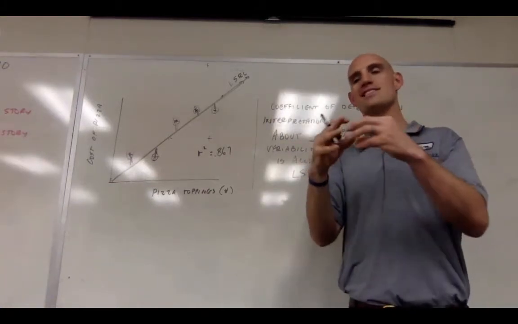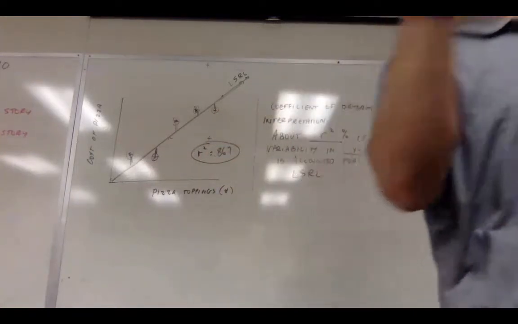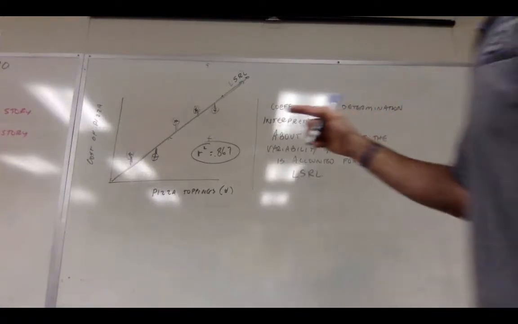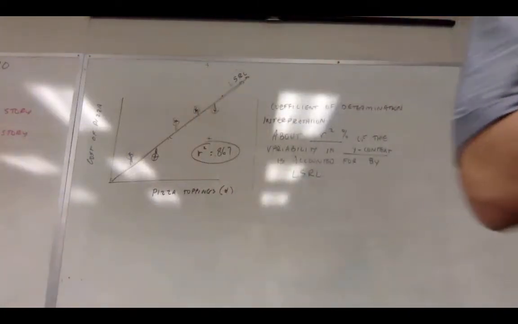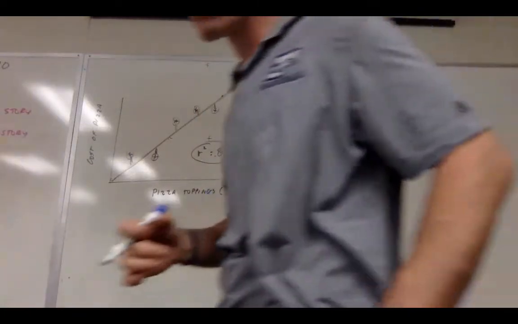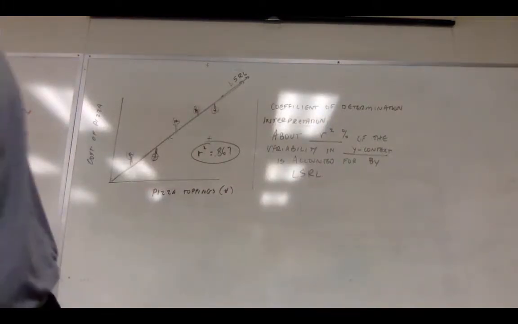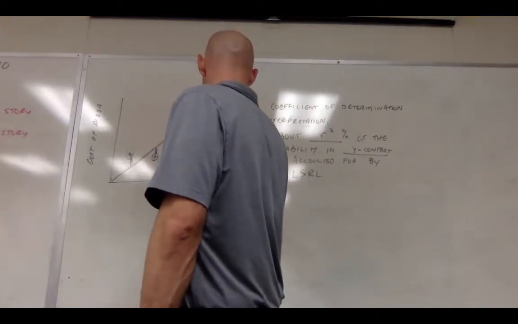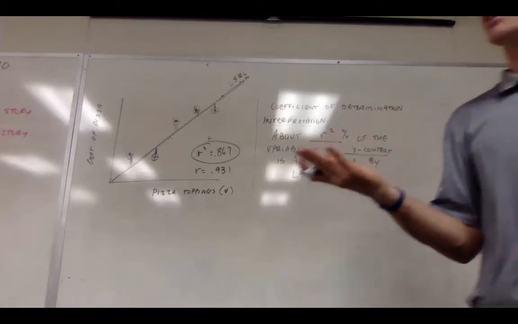So what it's saying is this particular value talks about how good my least squared regression line fits my data. Take the square root of this value. What do you get? 0.931. Okay. So that's a pretty good correlation.